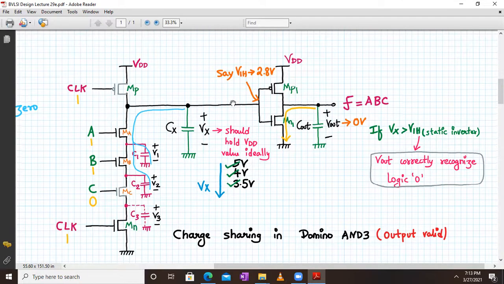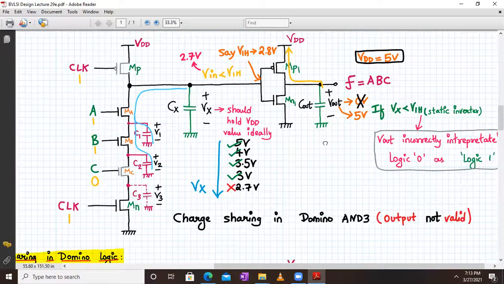At the output, it will correctly detect a V out equal to logic 0, because if you apply a logic 1 over here, your MN1 transistor will be on and your output node will discharge via this MN1 transistor. That means if Vx is greater than VIH of the static inverter, the output correctly recognizes logic 0. So in this scenario, the outputs are valid.